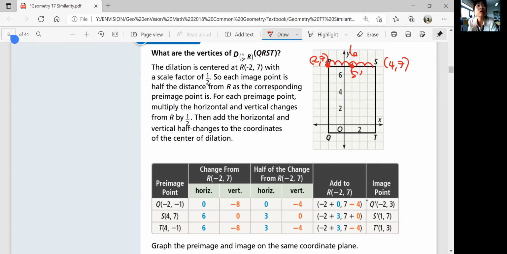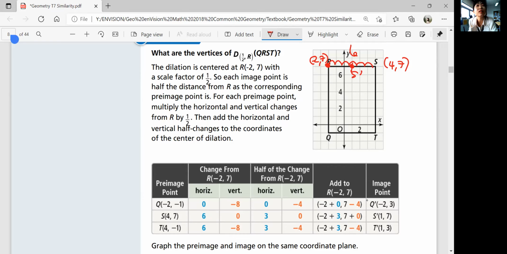So horizontally, you can just calculate the distance that needs to be half, which is 3. And then you're going to add it to this point. And vertically, it still doesn't change. Okay, so that's why you add 3 here, but add 0 here.